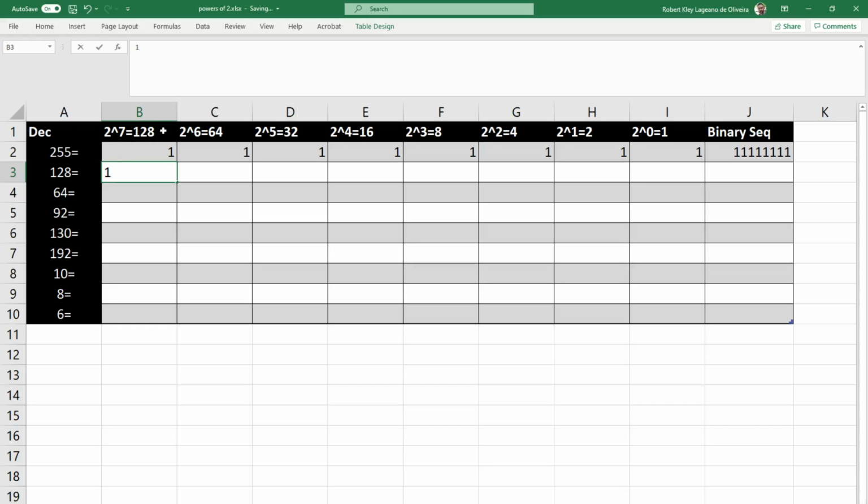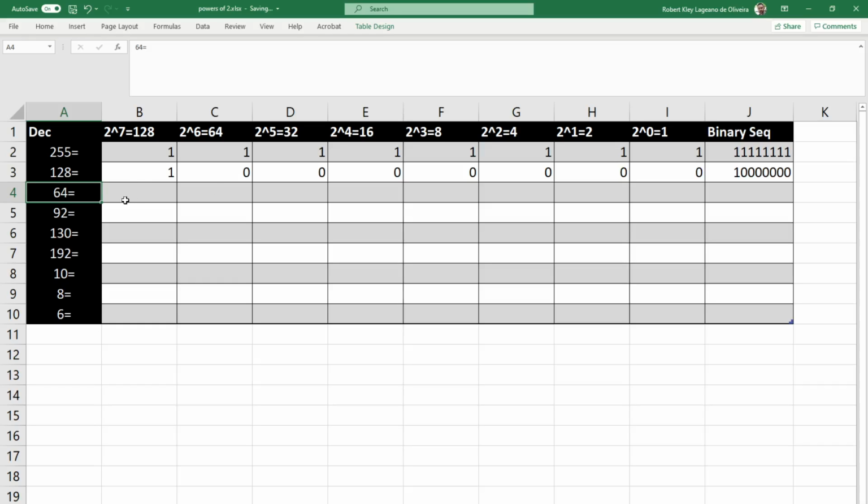I need 1 times 128 to have 128. Now the remainder is 0. Now that the remainder is 0, I don't need any other power of 2 to represent this number. So that pretty much means everything else is a 0. And the binary sequence here will be 1 followed by 7 zeros: 1, 2, 3, 4, 5, 6, 7.